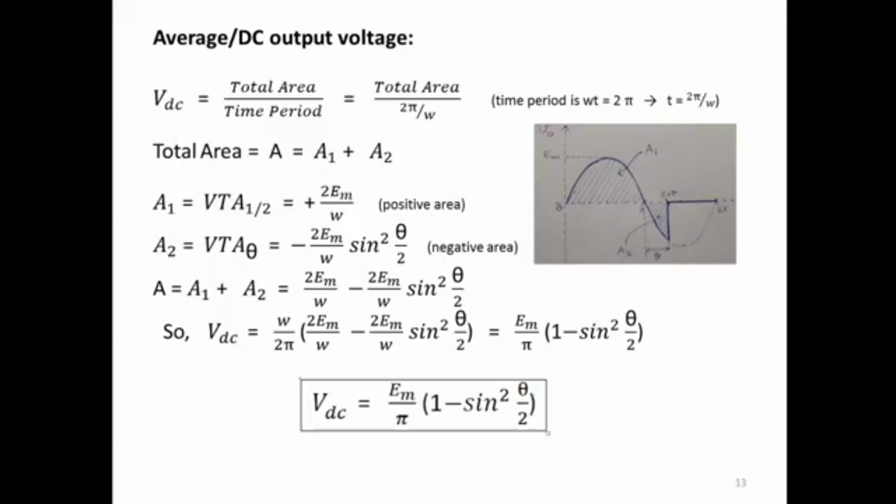You will be given a certain value of omega, and you will be required to find the value of VDC. So what you have to do is put the value of Em in this equation. You have to find the value of theta by using tan inverse of omega L upon R. Put that value of theta in this equation and you can find the value of VDC.